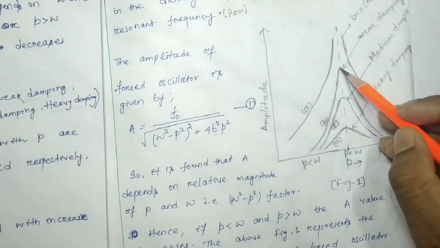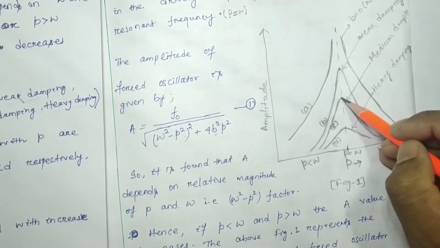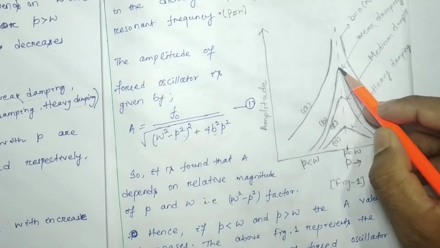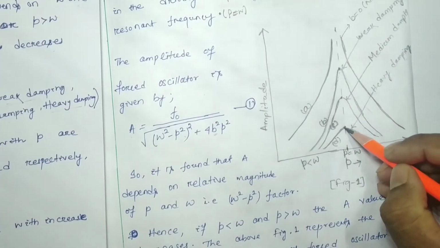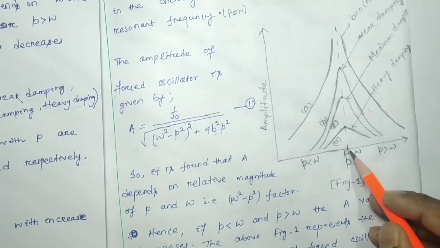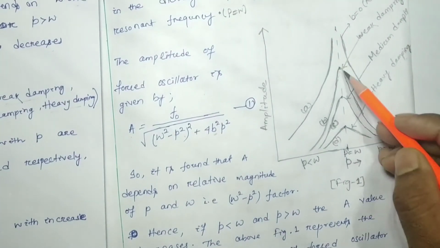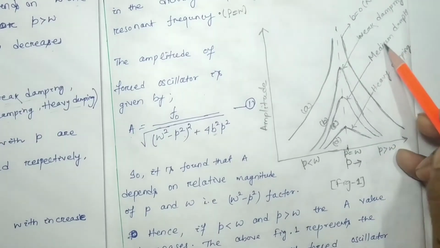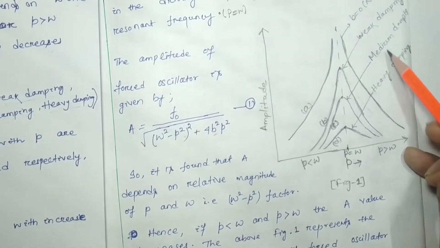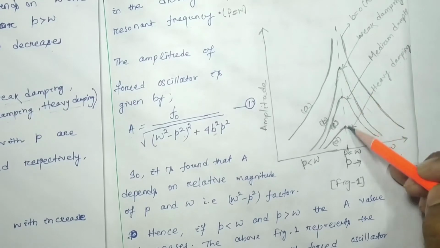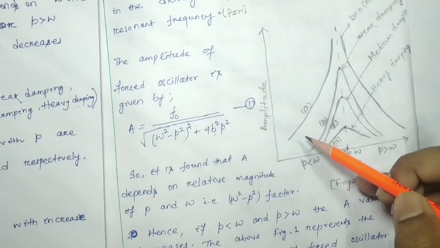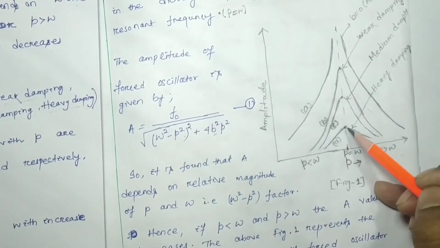So this is the amplitude maximum for weak damping, and this is the amplitude maximum for heavy damping at resonance frequency. So the amplitude maximum decreases as the value of resistance offered by the medium, or b, increases. Amplitude decreases with increasing damping. From the equation also we got the same thing.